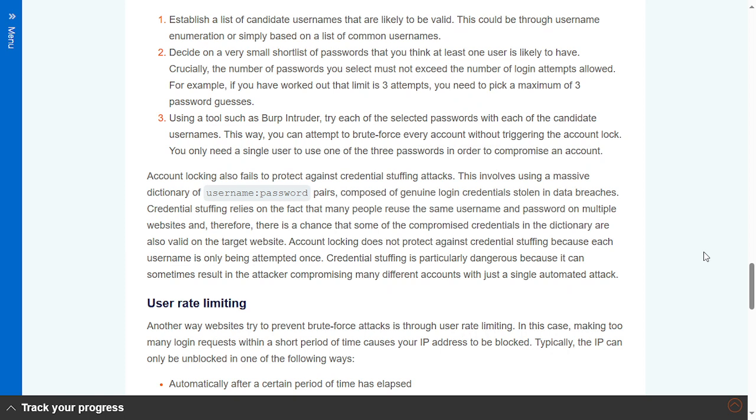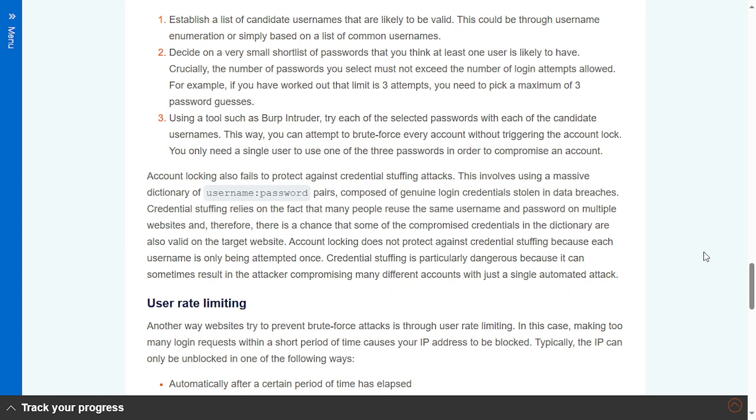Account locking also fails to protect against credential stuffing attacks. This involves using a massive dictionary of username:password pairs composed of genuine login credentials stolen in data breaches. Credential stuffing relies on the fact that many people reuse the same username and password on multiple websites, and therefore, there's a chance that some of the compromised credentials in the dictionary are also valid on the target website.